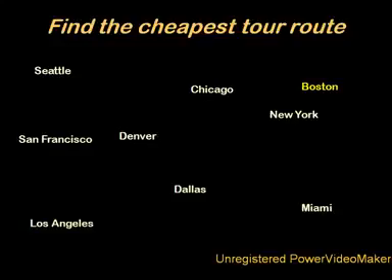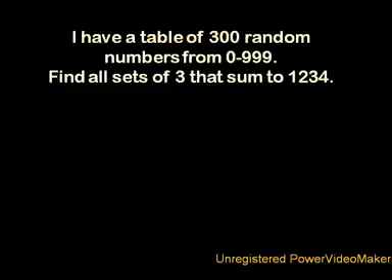That's n factorial. Here's another example. If you have 300 random numbers and you need to find all the sets of 3, well, that's 300 choose 3, and we know that that's got some pretty nasty factorials in it as well.